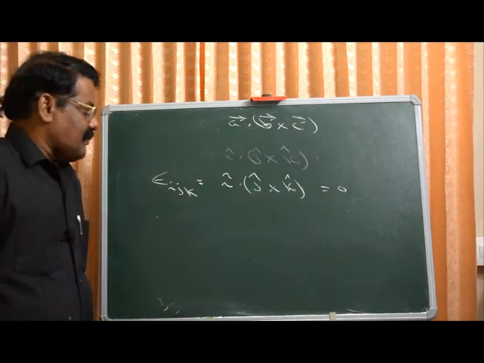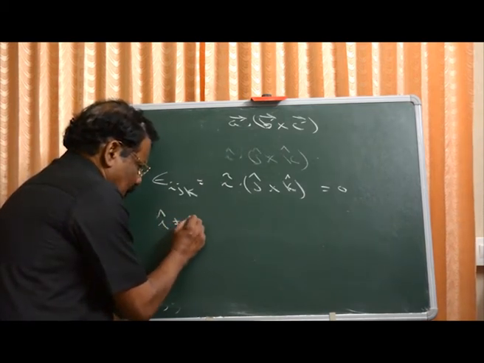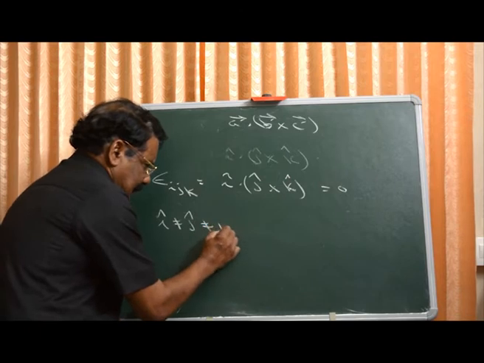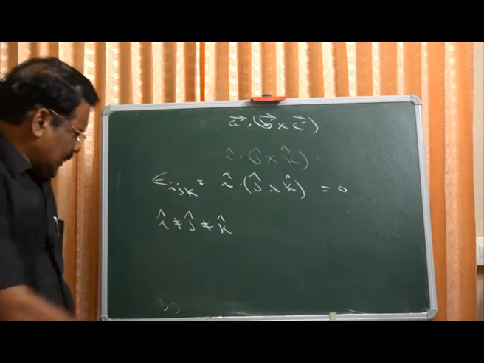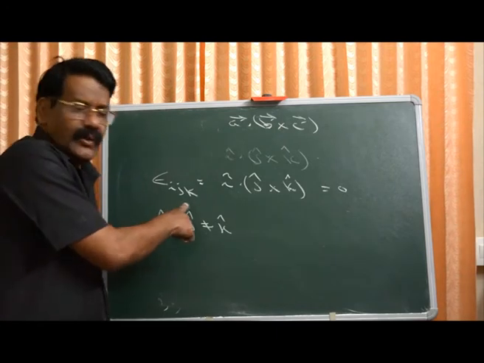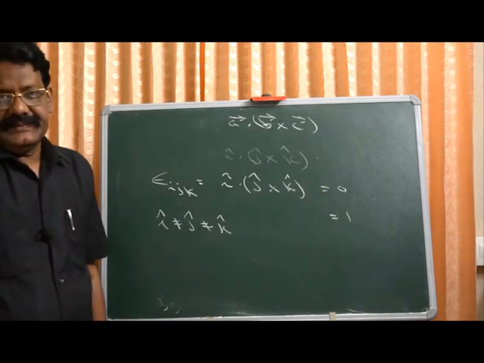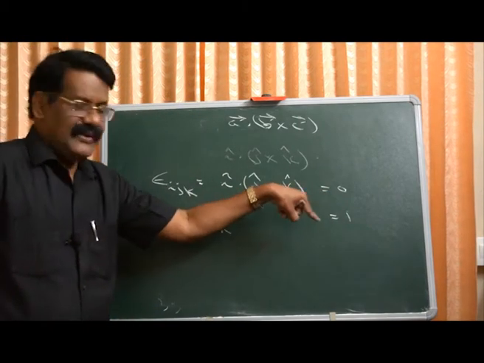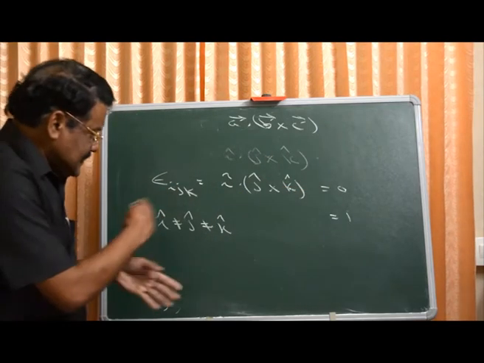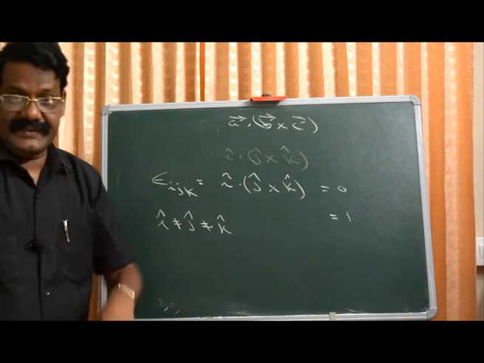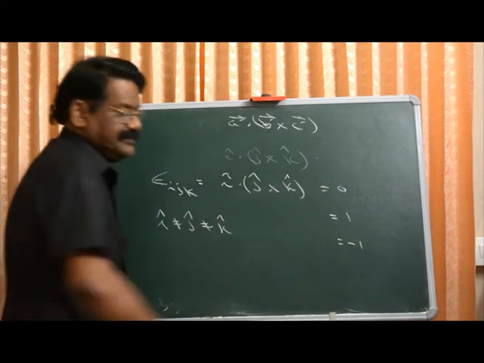Another very interesting property: suppose i is not equal to j is not equal to k, and at the same time these are cyclic in nature. Obviously you can verify that this is always equal to 1. So all are having unity magnitude. Suppose i, j, k are different but non-cyclic. Then it is obviously minus 1.